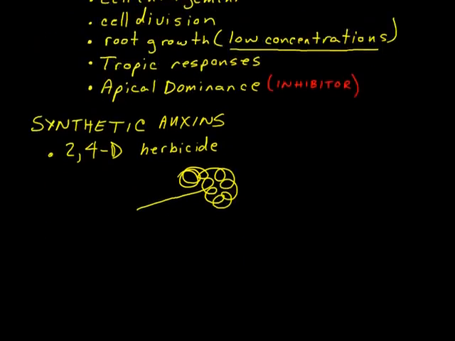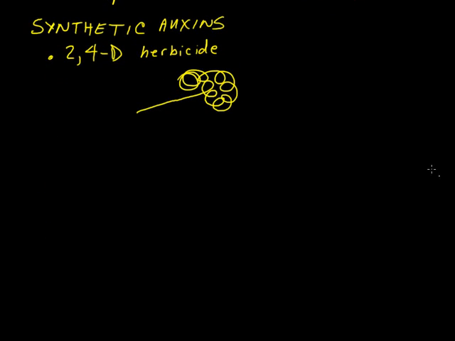One other little note on auxins that I'll talk about here briefly is how they were discovered. They were discovered by studying how oat seedlings grow. When oat seedlings germinate, they start growing roots, and in addition to that, they grow shoots.